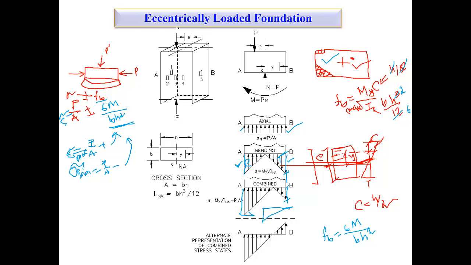Why? Because we do not consider any tension. If it is in tension, we keep it empty. You understand? Because this member, the footing, we consider takes only compression, no tension. Is that clear up to this? Yes, sir.